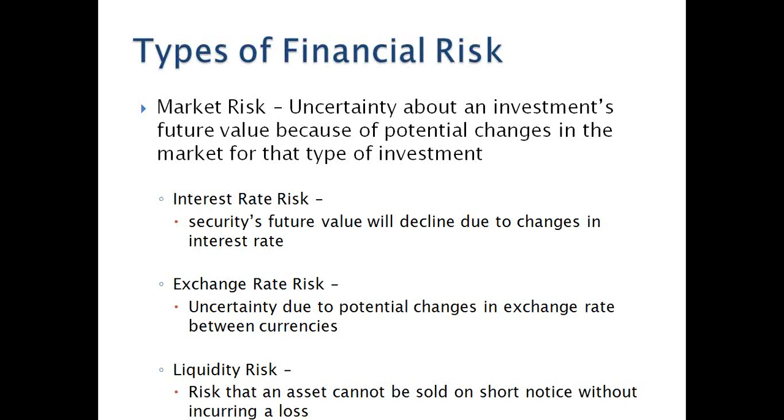So even though there are three main categories, you have to make sure you categorize these other subcategories under market risk. There's also exchange rate risk. If we have money in an instrument, it's uncertainty due to potential changes in exchange rates between currencies. When they talk about the dollar and the yen and the euro, it's the buying power. Whether we have a strong or weak dollar, that's essentially exchange rate risk.